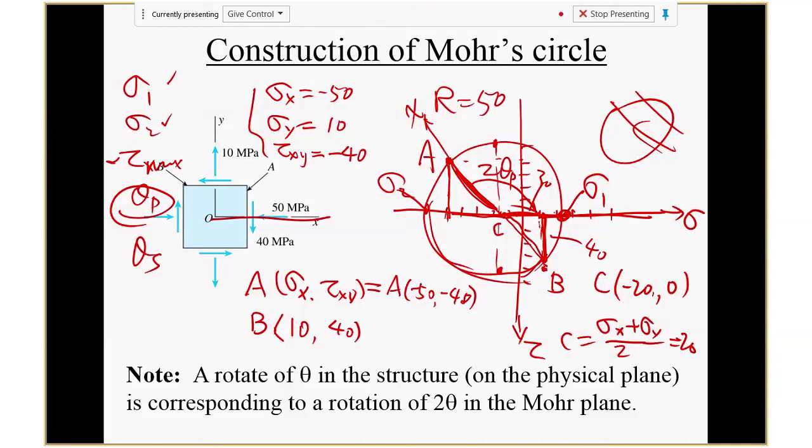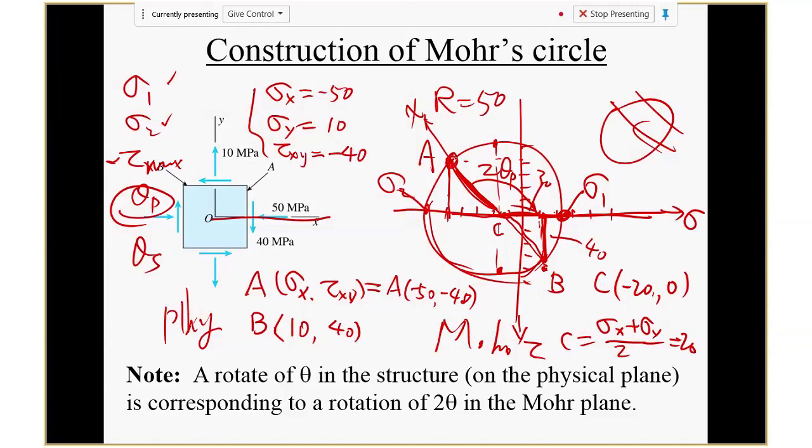I'm wondering why the x direction is not... Okay, what's the x direction? The x direction is on the physical plane. Let's distinguish them. This is your actual physical plane, and this is the Mohr plane. So you have 2 planes now. The x direction is on the physical plane. On that surface, you're going to have this stress.